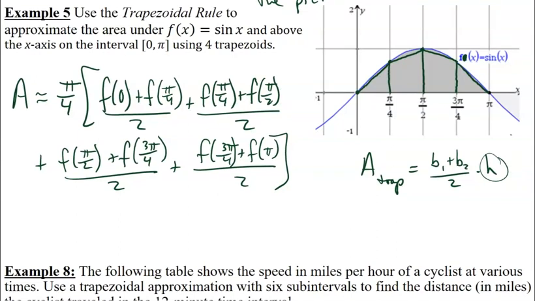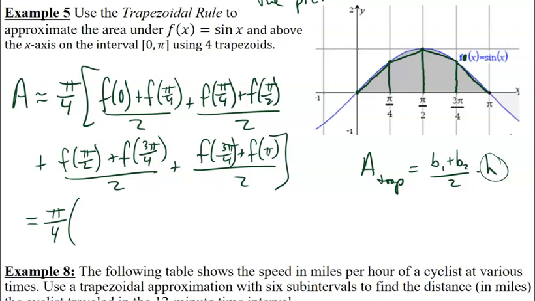But really, what you do need to show, anytime you do this, calculator active or otherwise, you need to show the sum of the products or the values or the areas that you're adding together to get your approximation. So this would be the minimum step that would be necessary. So f of 0 is 0, f of pi over 4 is 1/2.